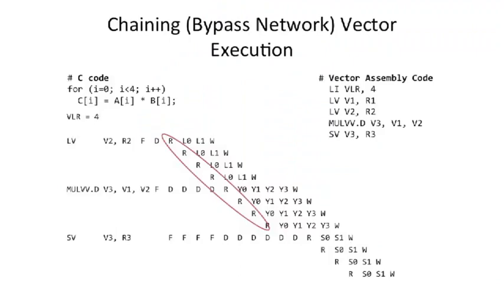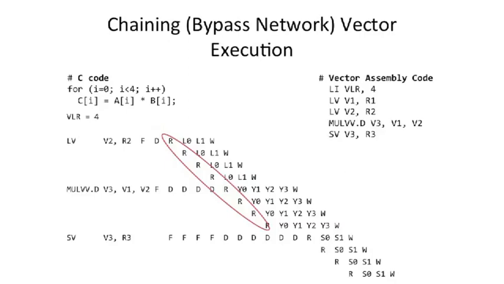So to make this go faster, we're going to have to add more read ports and more write ports to the vector register file. If we were smart, we want to add as many ports as we need per pipeline.